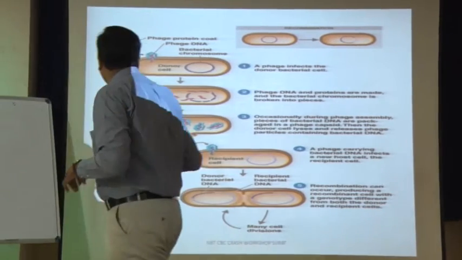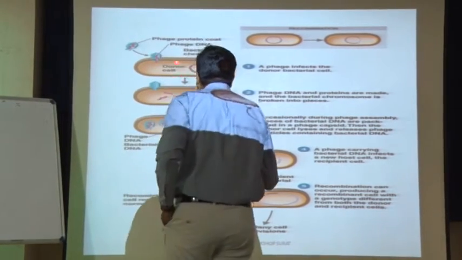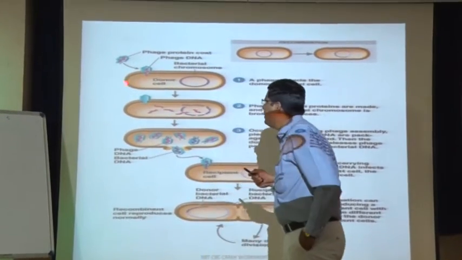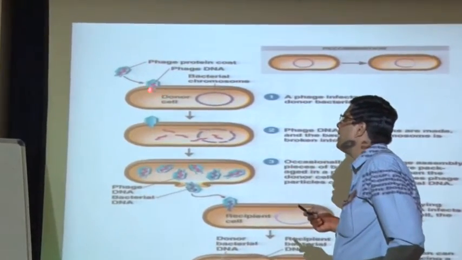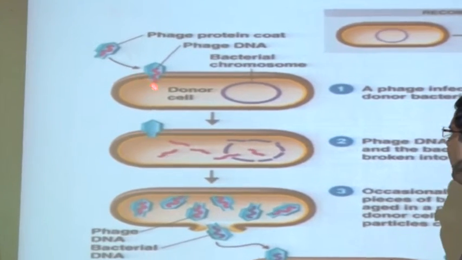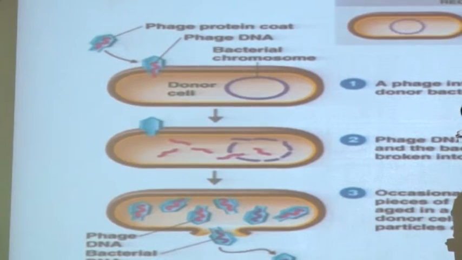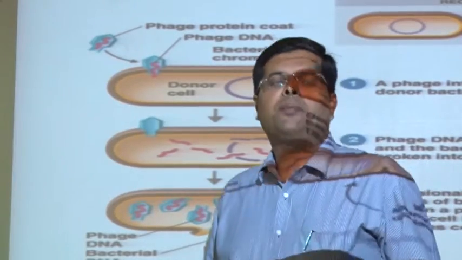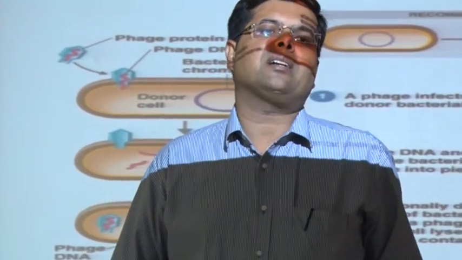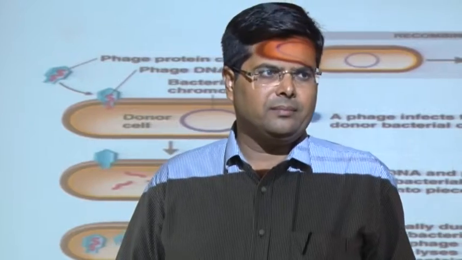Similarly here also, if this bacteriophage will transfer its DNA into the donor cell and if it will replicate on its own and it will not carry any of the DNA from the chromosomal DNA, in that case the frequency at which we will get the transduction will be almost negligible. Are you getting it?